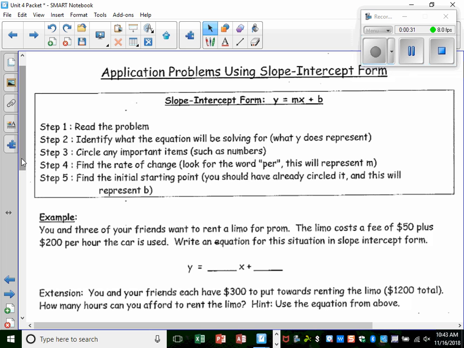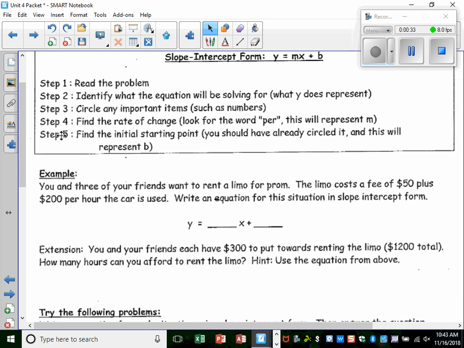So let's start off with the problem. There are some steps at the top you can read on your own. It says you and 3 of your friends want to rent a limo for prom. The limo costs a fee of $50 plus $200 per hour for the car being used. Write an equation that would represent the situation in slope-intercept form.